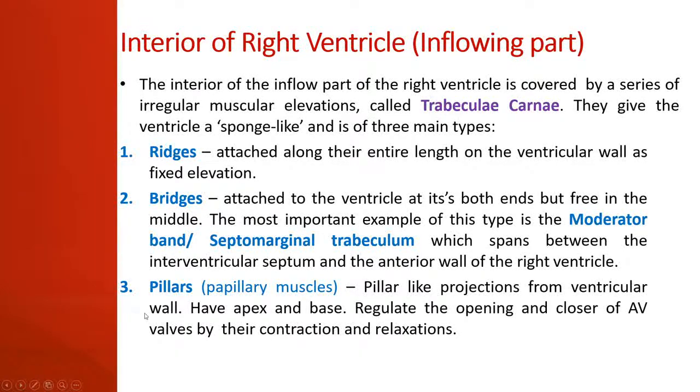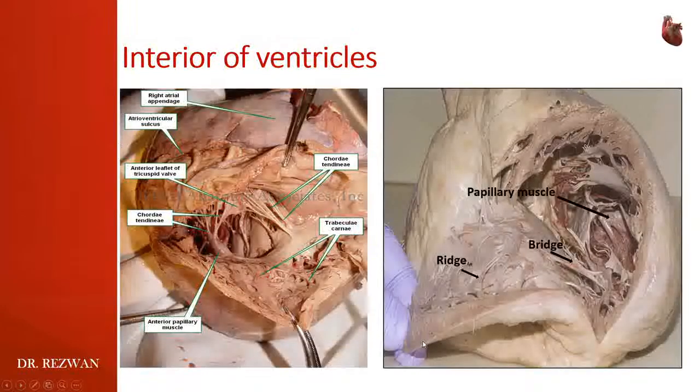Then papillary muscles or the pillars. Pillar-like projections from the ventricular wall. Obviously, as it is a pillar, it is having an apex and the base. They regulate the opening and the closure of the AV valve by their contraction and relaxation. Over here we can see the pillars, which are having an apex and the base.